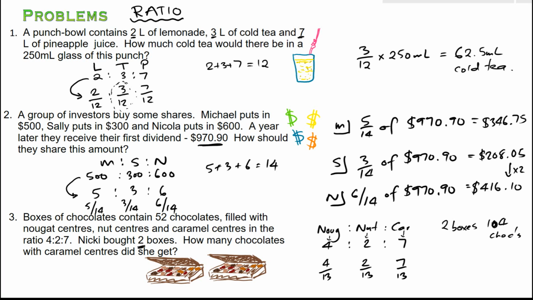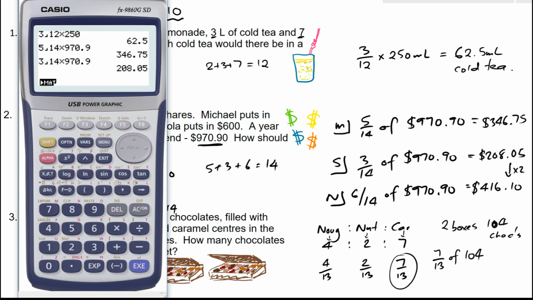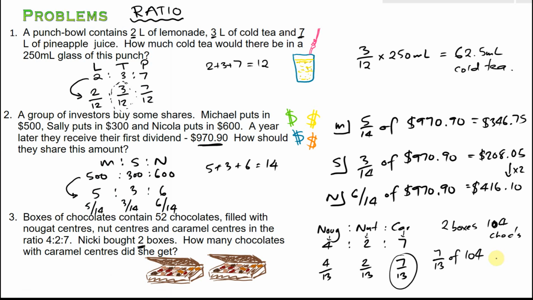So we want to find out how many are caramel centres, so we're using that fraction there. So 7/13 of 104, so of meaning times, is 56. So 56 chocolates out of the 2 boxes are caramel.